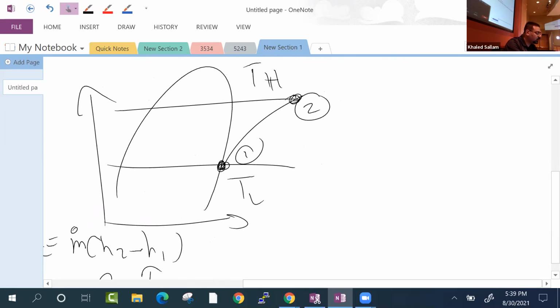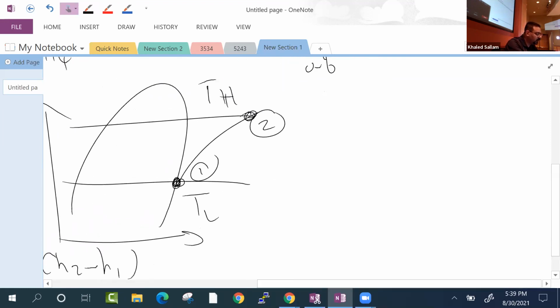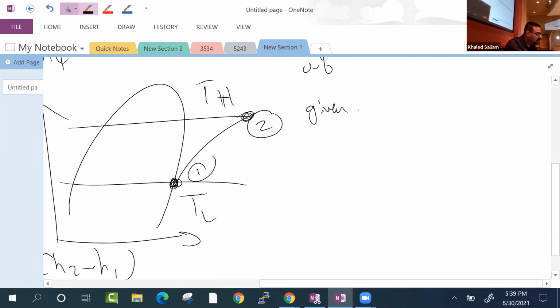So how do you calculate H1, just knowing given TL and TH? Required, and it's a refrigeration, so the coefficient of performance is going to be called what? Beta or gamma? Refrigeration, we call it beta.